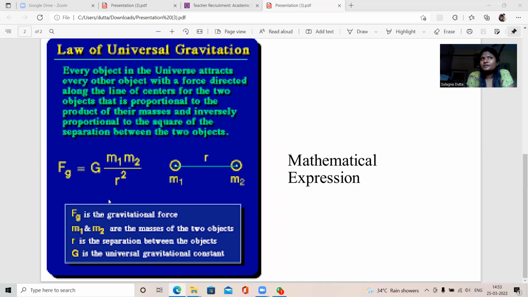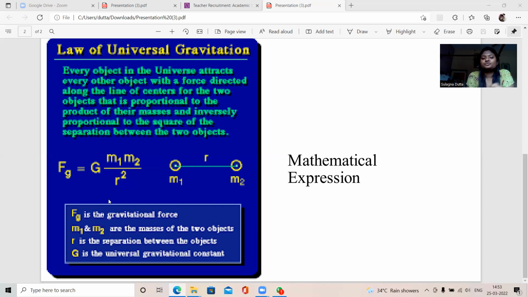We also read in Newton's law, F equals ma, where m is the mass of the body and a is the acceleration of the body. But for the free fall body, that a is converted into small g, which is gravitational acceleration, and the value of that g is 980 centimeter per second square or 9.8 meter per second square. That g varies with the height and the depth from the earth's surface, and that's another topic.